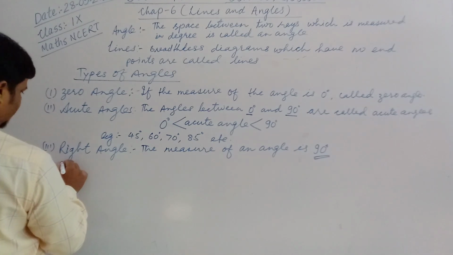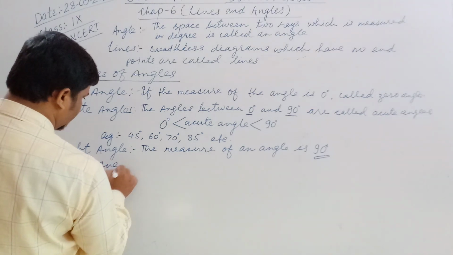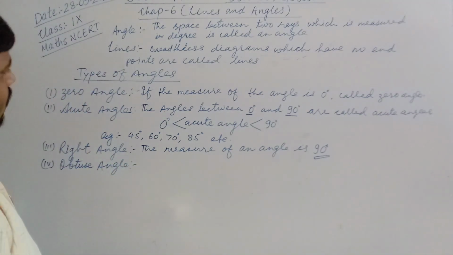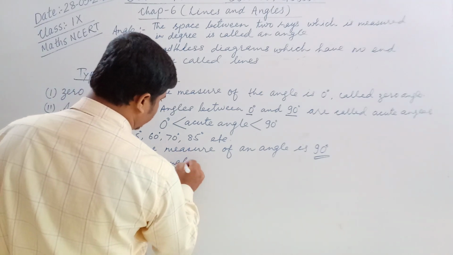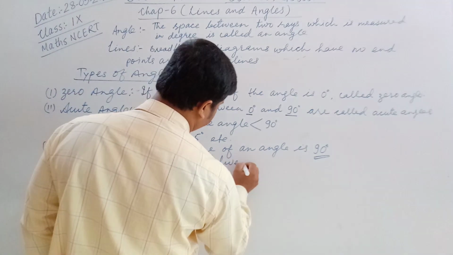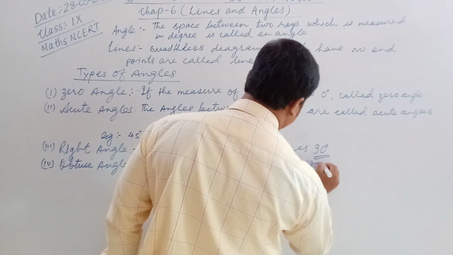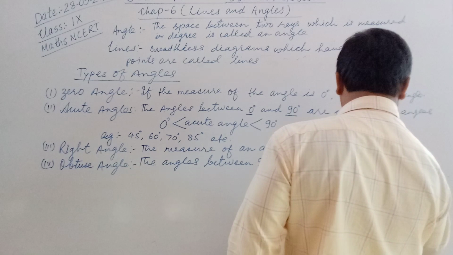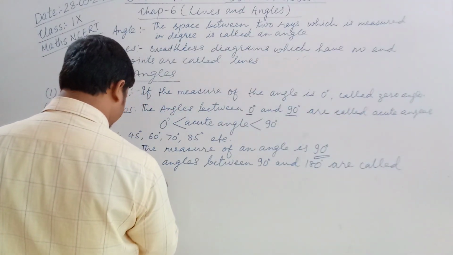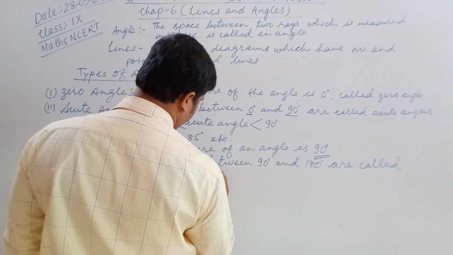Fourth, obtuse angle. The angles between 90 degree and 180 degree are called obtuse angles.